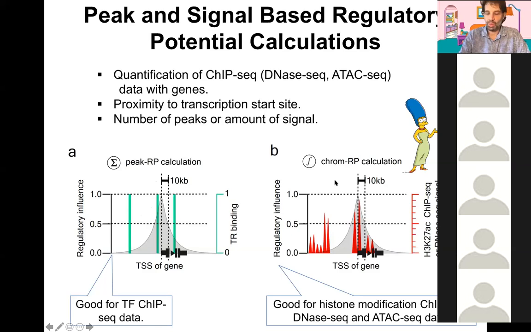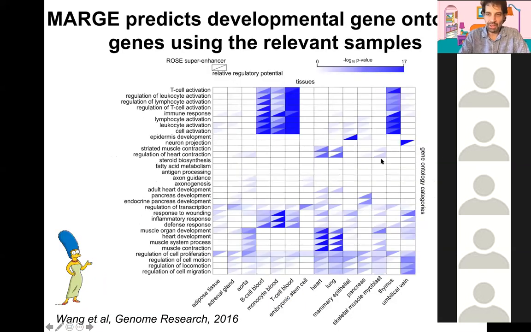Actually, this methodology was described in a much earlier paper called MARGE, which was published in Genome Research. The idea was to ask how you quantify K27 acetylation signal. What was popular at the time, and maybe still is, is super enhancer analysis. One of the claims of super enhancer analysis was that it could identify important tissue-specific genes.